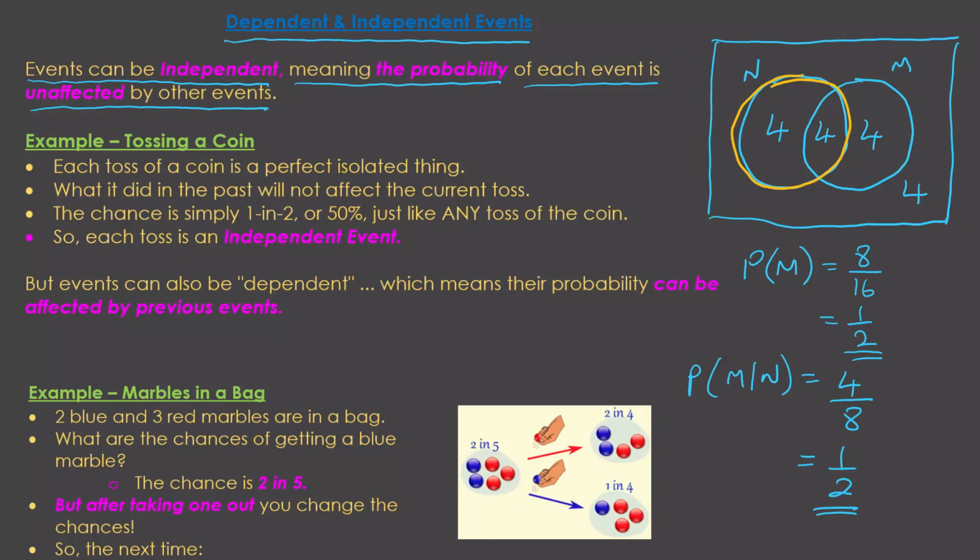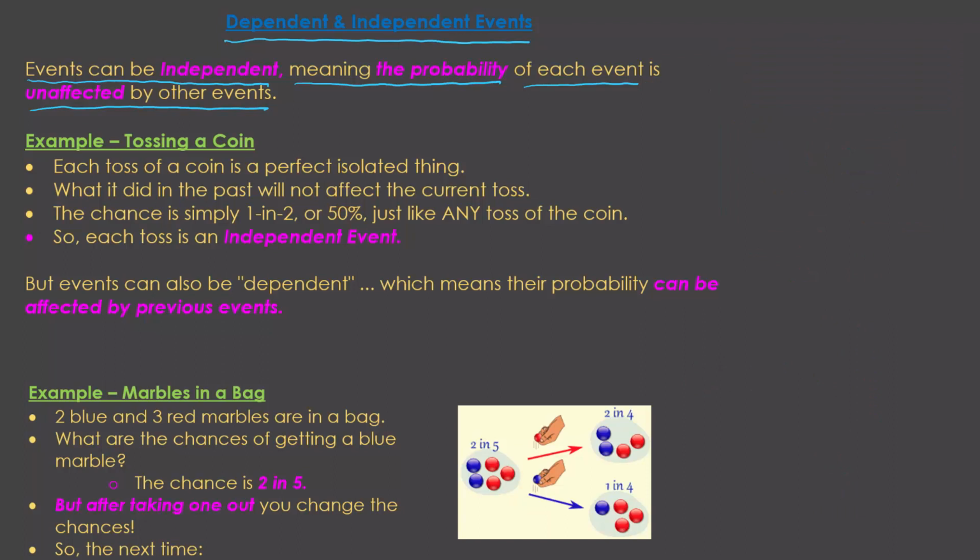These events are classified as independent because the probability does not change. But note that the event has changed because once I know that they like newspapers, I cannot select those 4 people. So independence is about the probability of the event rather than what can actually happen.